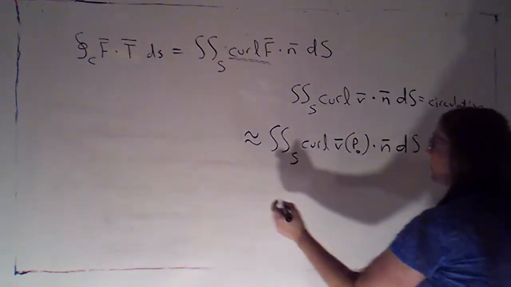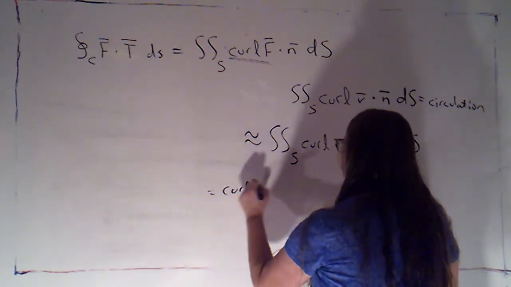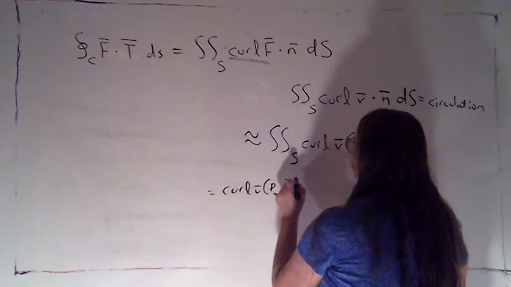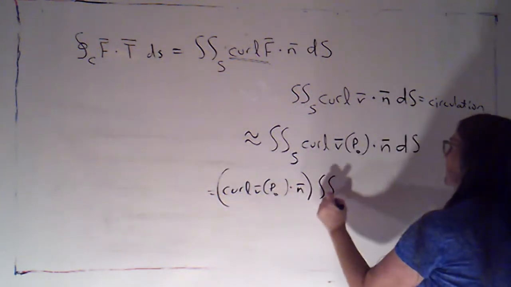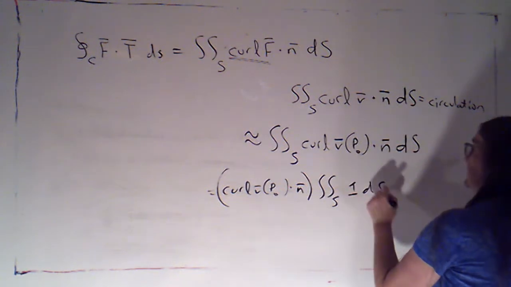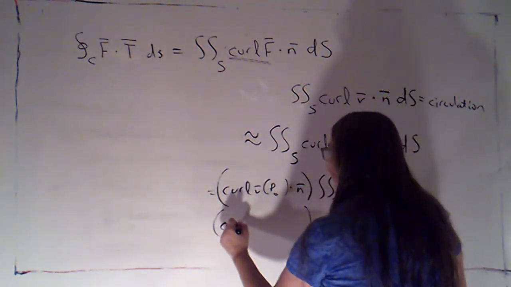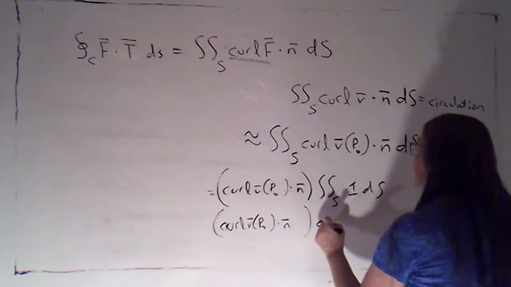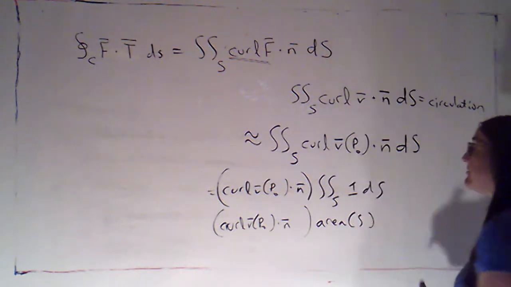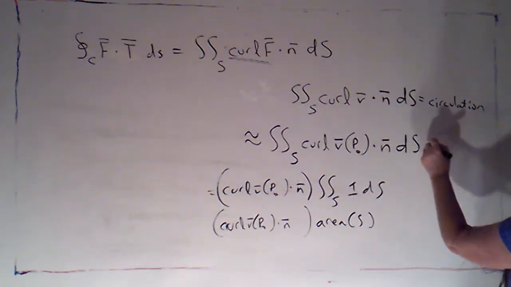Well, if I make this whole thing constant, this would equal curl of V at P naught dotted with n times the double integral over S of 1 dS. So that would be the curl of V at P naught dotted with n times the area of S. But this was equal to our circulation.